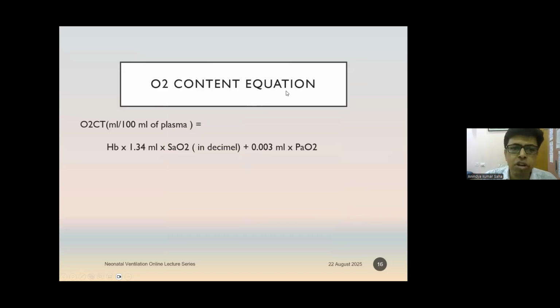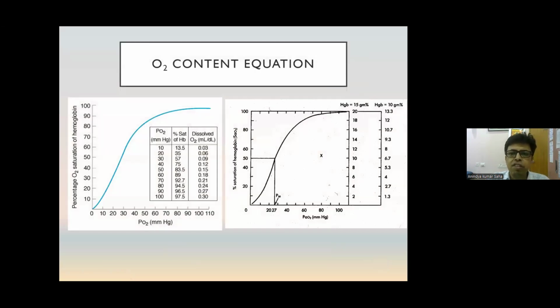And the oxygen content equation, that is the total oxygen content, is calculated as hemoglobin times 1.34 ml times saturation in decimal plus 0.003 ml times partial pressure of oxygen. It is also expressed in the ABG paper. This is the oxygen content equation, which altogether gives a value of saturation, partial pressure of oxygen and dissolved oxygen.